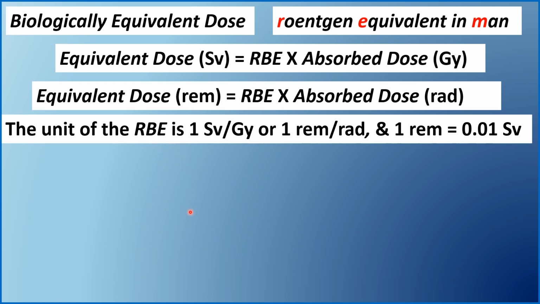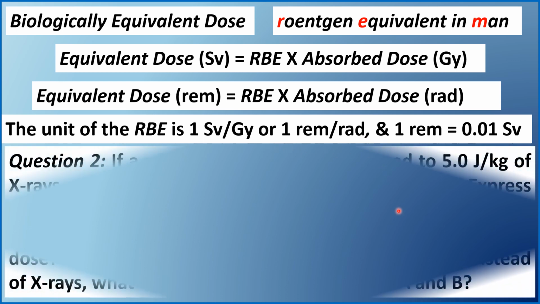So the unit of RBE, or the relative biological effectiveness, can either be sievert per gray or rem per rad, depending on what unit of radiation or absorbed dose you're going to use, if it is in rad or if it is in gray.